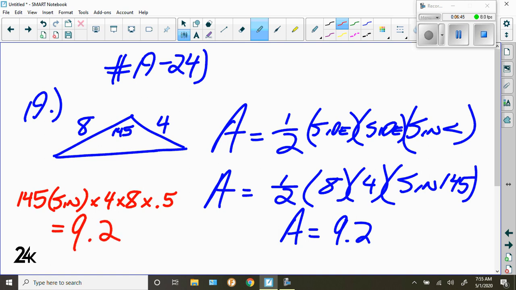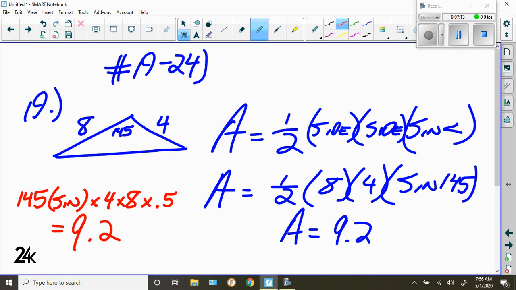I'll even do it one more time just to make sure that my calculator didn't mess up. Oh, you know what I'll do? I'll actually do it on my pink calculator just to double check, just to make sure that it's all good. Okay? Hang on. Oh my gosh, I got 9.2 on the pink calculator. Okay, so it's all good.